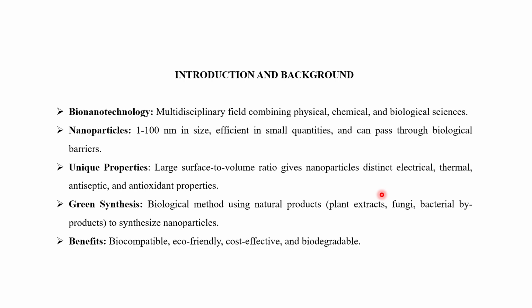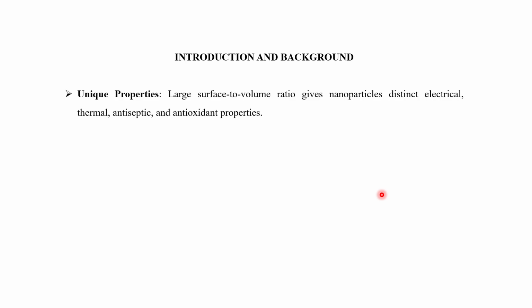So this is called biodegradable. Not like microplastics, which in certain types of dyes and other products cannot degrade in the environment. But biologically synthesized nanoparticles can degrade in the environment. So it is a very important and outstanding aspect of biologically synthesized nanoparticles.